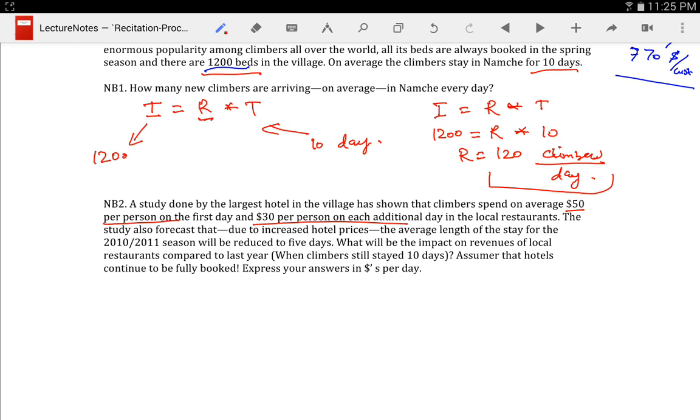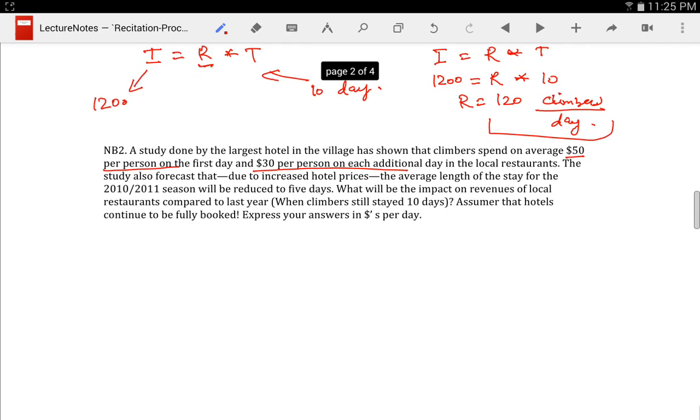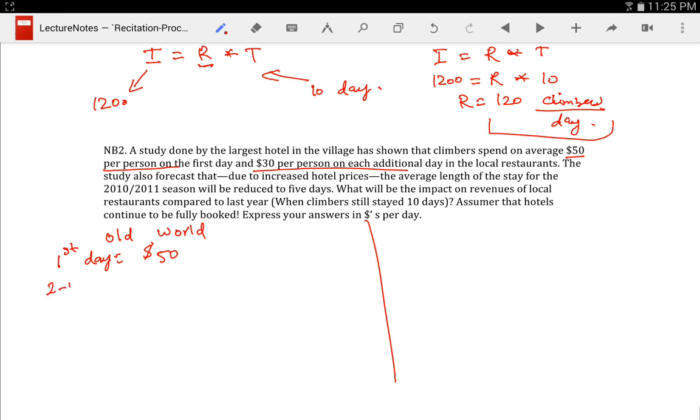So this is, call it, the old world. In the old world, the first day you spend $50, and on the remaining 2nd through 10th day you spend $30.